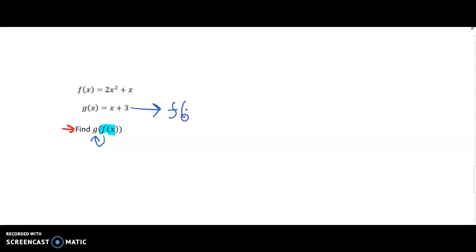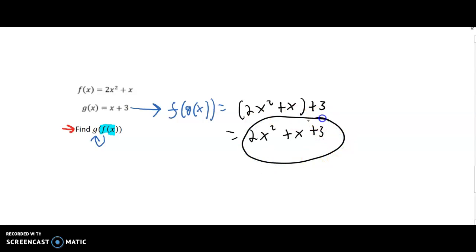So wherever there was an x in g, we're going to put all of f of x. So instead of x plus 3, we have 2x squared plus x plus 3. And since there's nothing to combine here, this is actually our final answer.